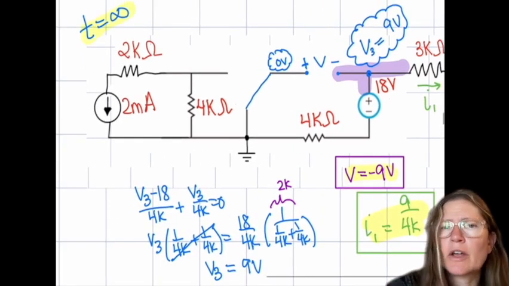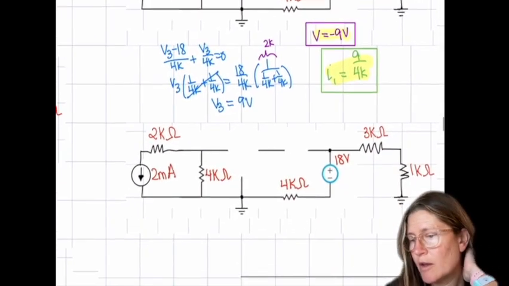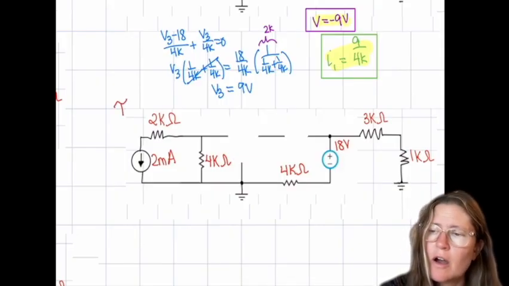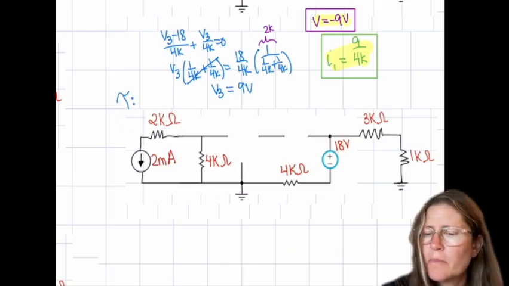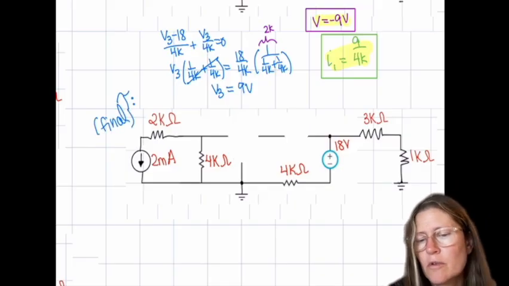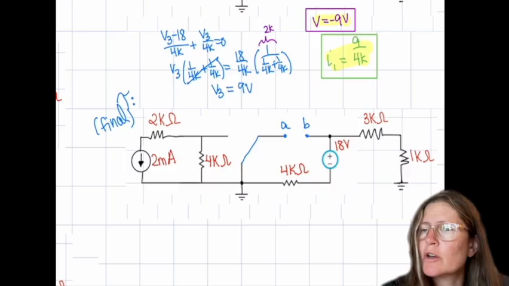So this is the final time frame. For tau, we want to find our equivalent that is seen at the final stage. At the final stage is going to be this one, A to B here, and then we remove our sources.